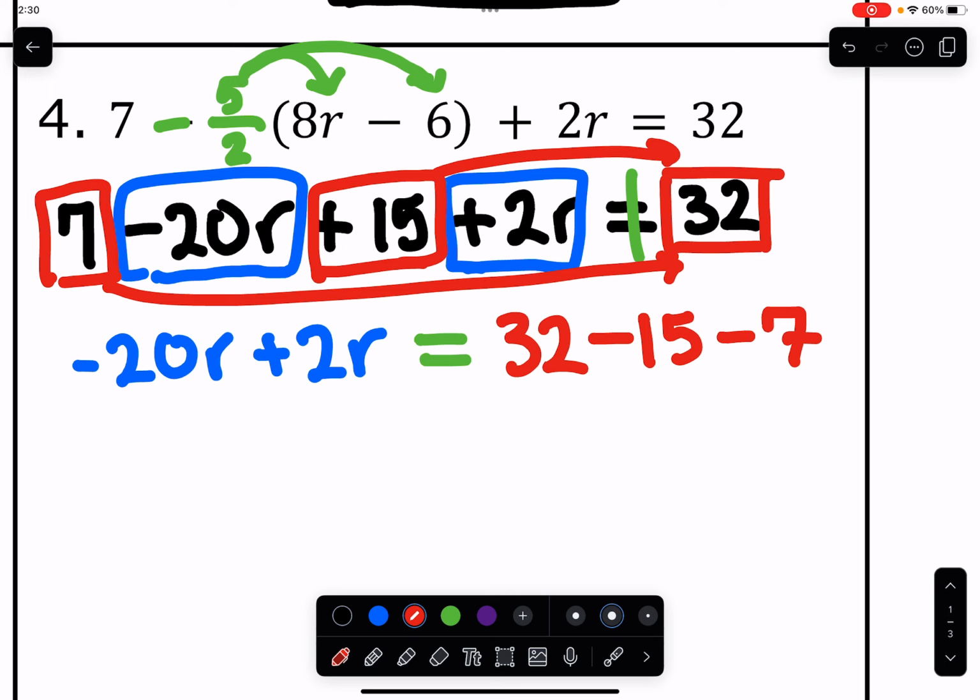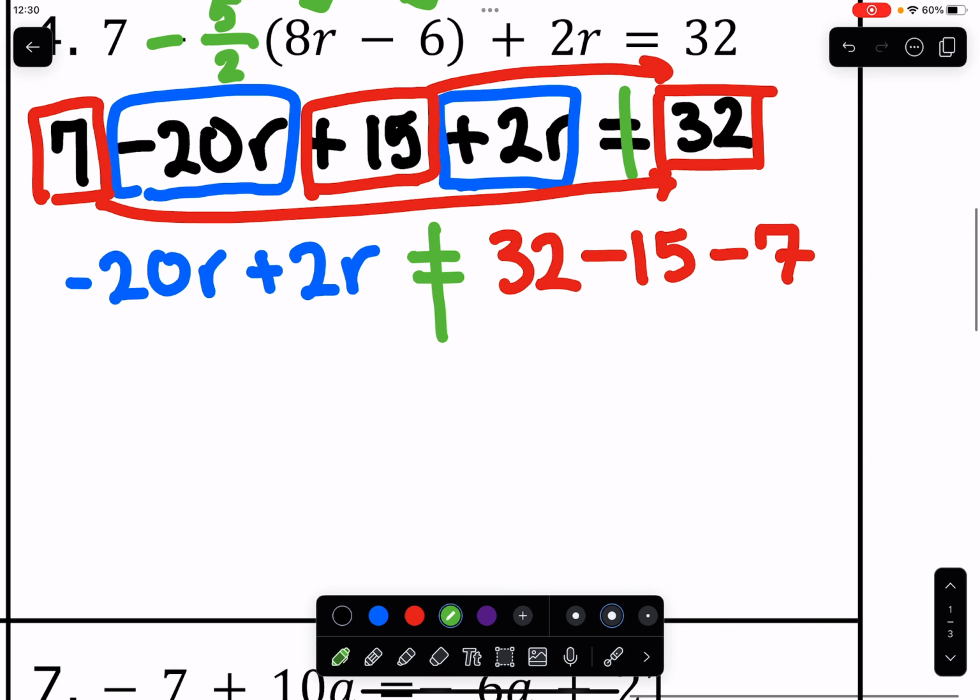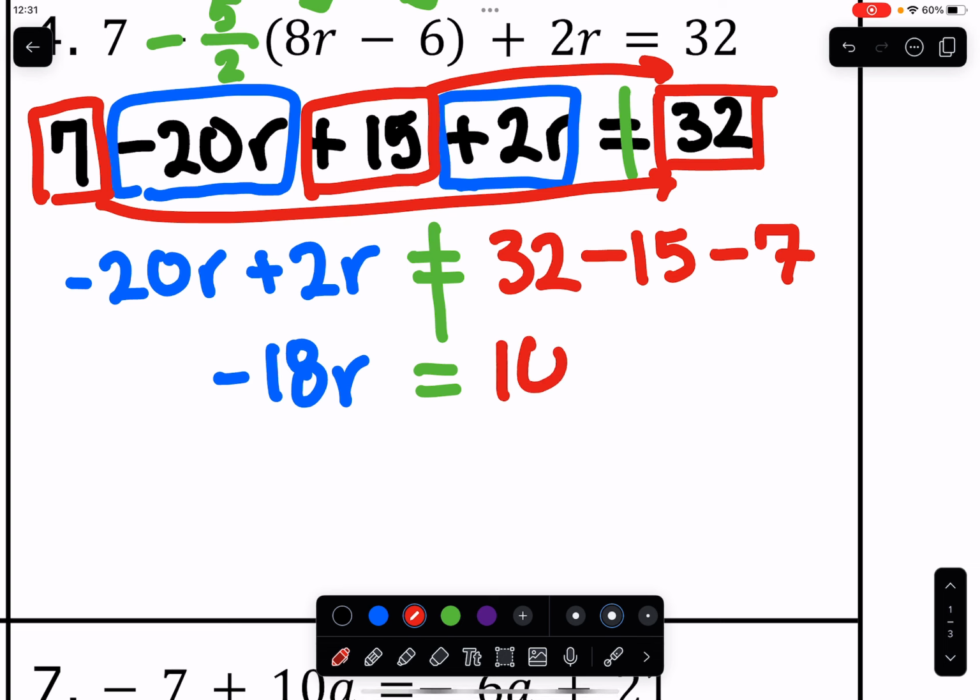And now I can combine the two numbers on the left side, and then combine the three numbers on the right side. So here, this gives us negative 18r, and 32 minus 15 minus 7 equals a total of 10.